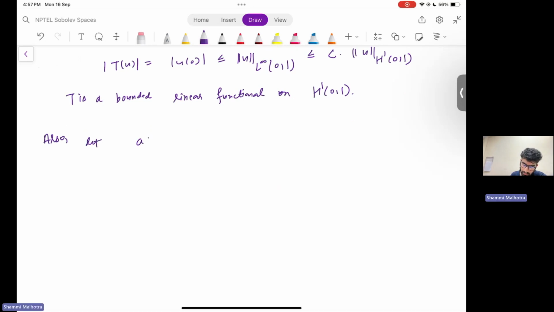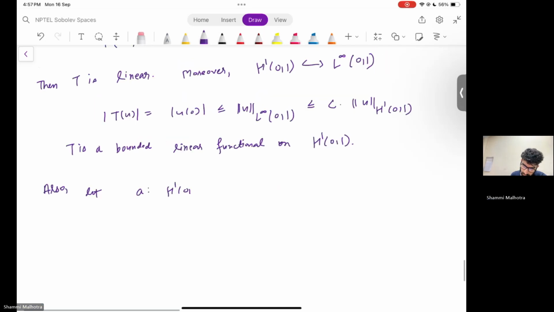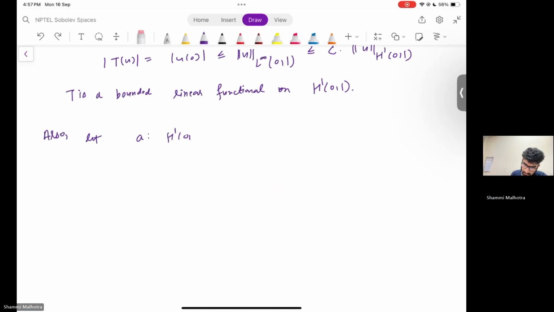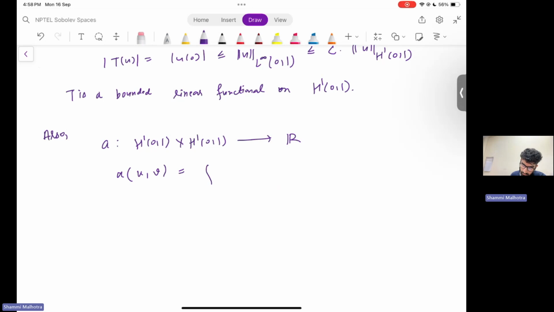Let A from H^1_0(0,1) cross H^1_0(0,1) to R be the mapping defined as A(u,v) equal to the integration from 0 to 1 of u' v' plus u times v.